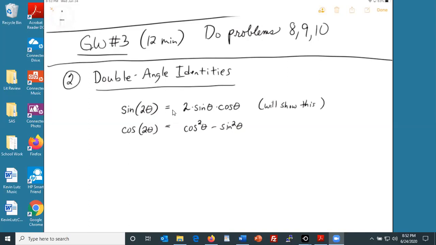It's only 1 when there's a plus sign. If that were cosine squared plus sine squared, then you'd get a 1. But there's a minus sign there, so it's not the same thing, and it's also not minus 1. What you see there is all it is. Now the cosine of 2 theta can also be written as 2 times the cosine squared theta minus 1, or it can also be written as 1 minus 2 sine squared of theta. I'll show you one of those also, how that works.